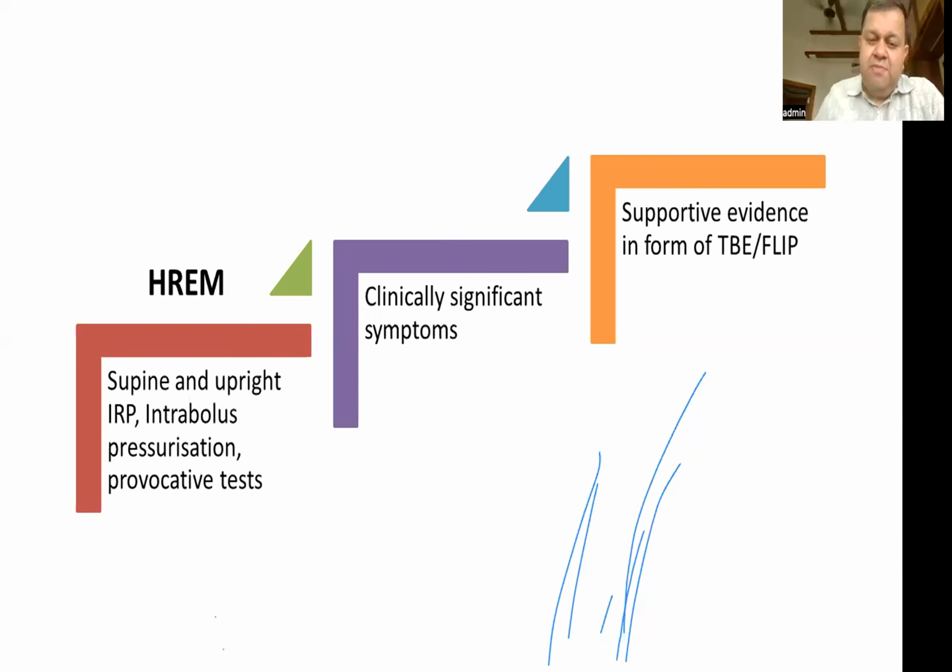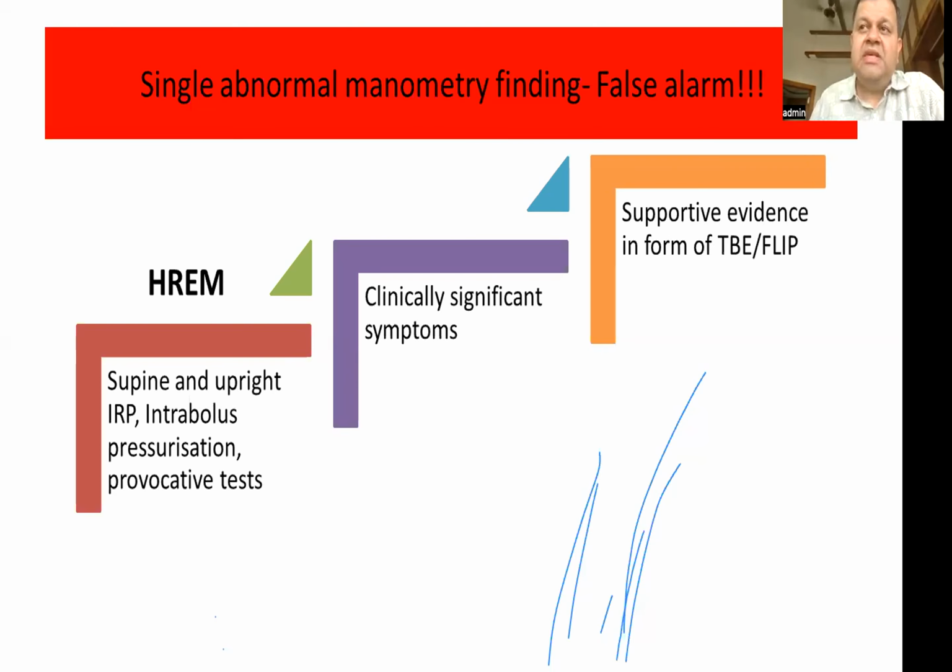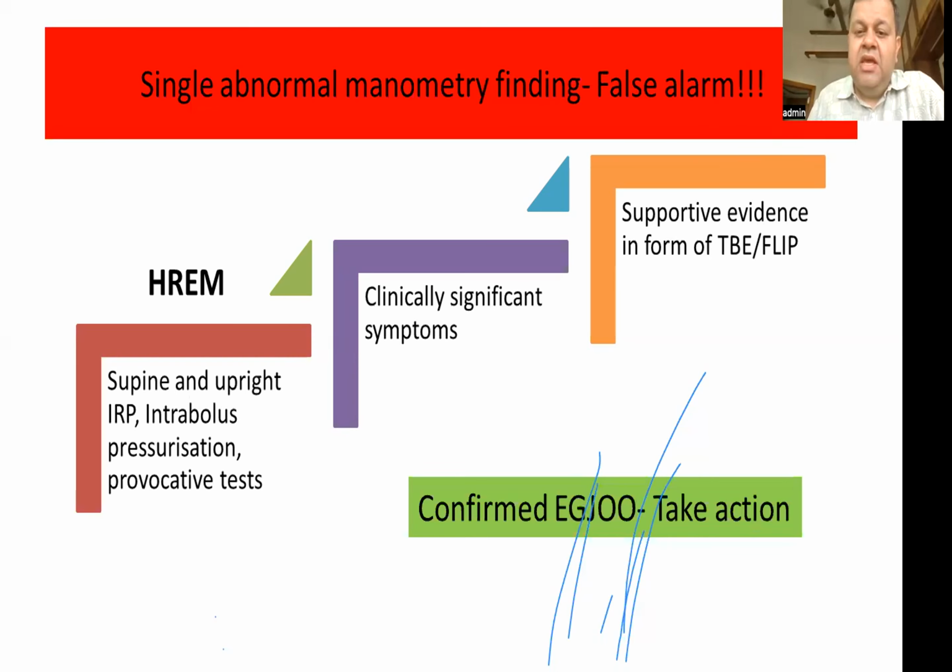Now, when this is mixed with clinically relevant symptoms and supportive evidence in the form of timed barium esophagogram showing impaired esophageal clearance or FLIP showing reduced EGJ distensibility, we diagnose this as a clinically significant EGJ outflow obstruction. So once we have confirmed a clinically significant EGJ outflow obstruction, we have to take action and treat the patient to the best of our ability.